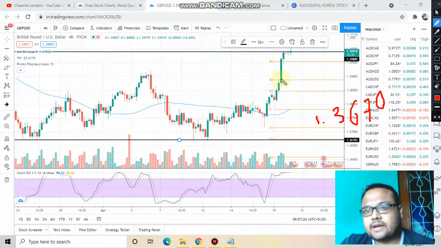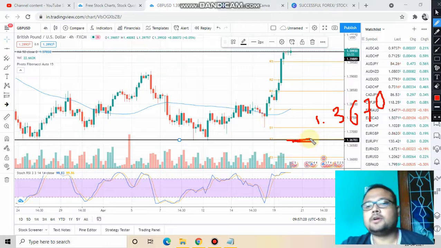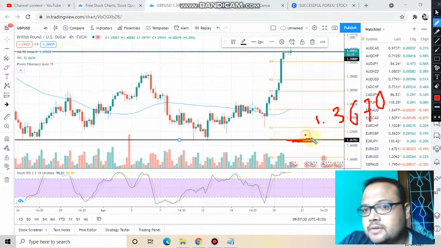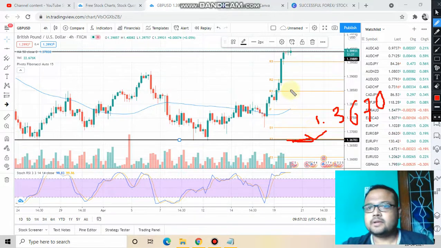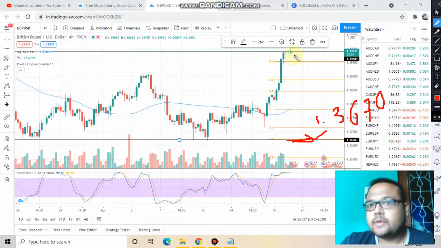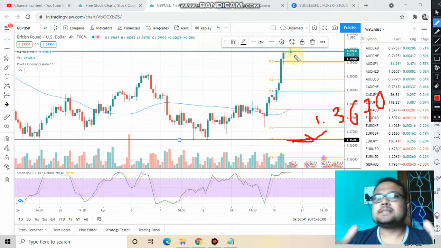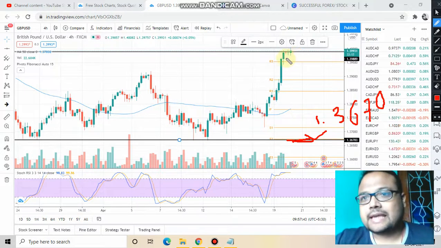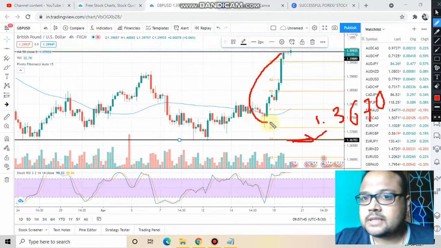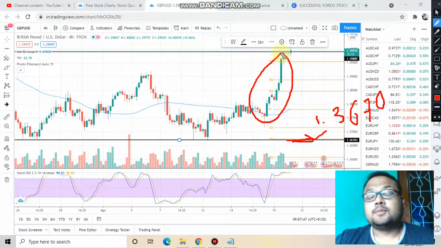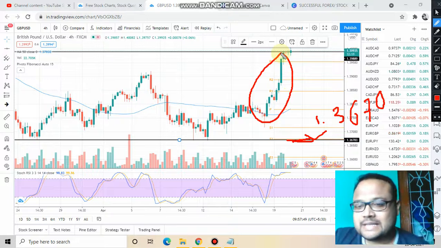So in case you find the market around this particular level, you can easily go for a buy once the market reverses from here. But as of now, if you want to take some risk and short the market here, you can, but this will be a little bit risky in comparison to other sideways markets because the candles are big, which means that bulls are not in a mood to go down easily.